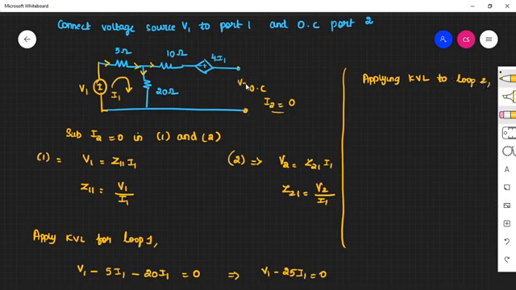Open circuit means voltage will be present but the current will be 0. So we will write V2 plus 20 into I1, because this direction of current and this direction are opposite. So it will be 20 I1.